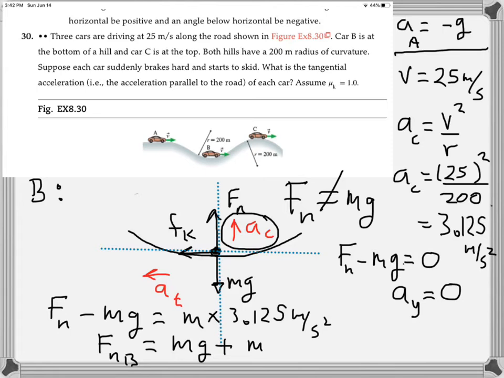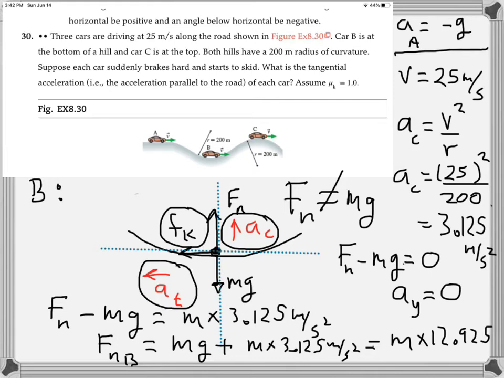It's mg. We're moving mg to the right hand side with a positive sign. It's mg plus m times 3.125. So that's going to give us the mass multiplied by 9.8 plus 3.125. So m times 12.925. So now we know the normal force.